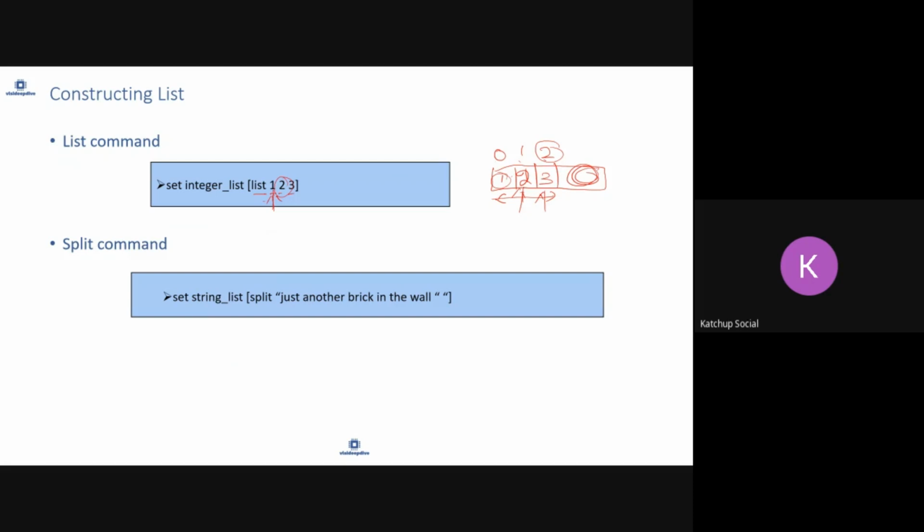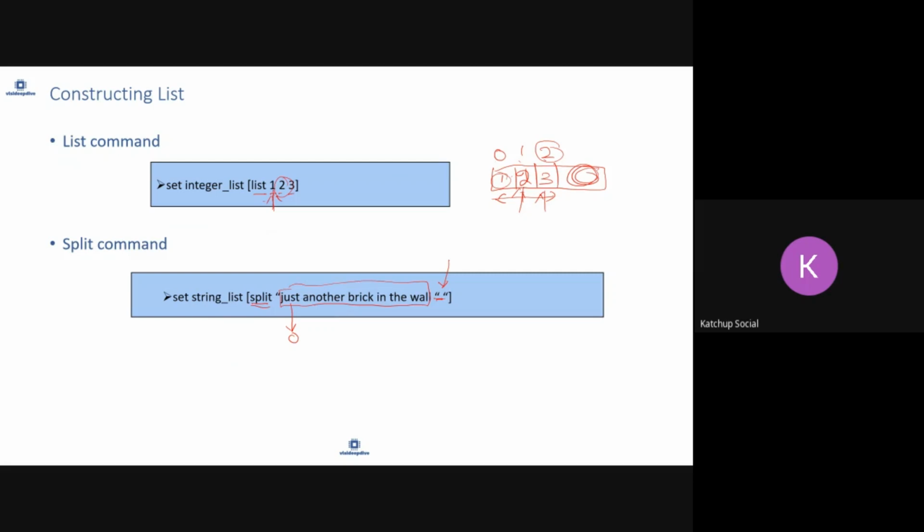Another way to create a list is to split a string. Let's say there is a split command. What the split command does is, if you give it a string and a split character, it will split this string into a list using this character. Basically, whenever this character comes, which is a space character, it will create a new index. So at the 0th index it will put just, and then space.